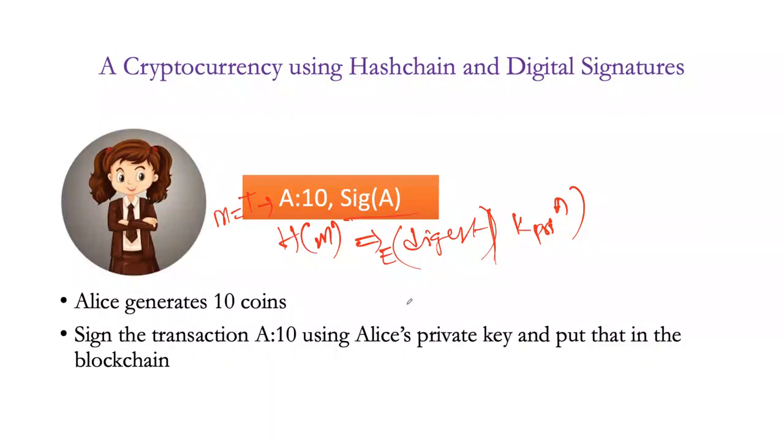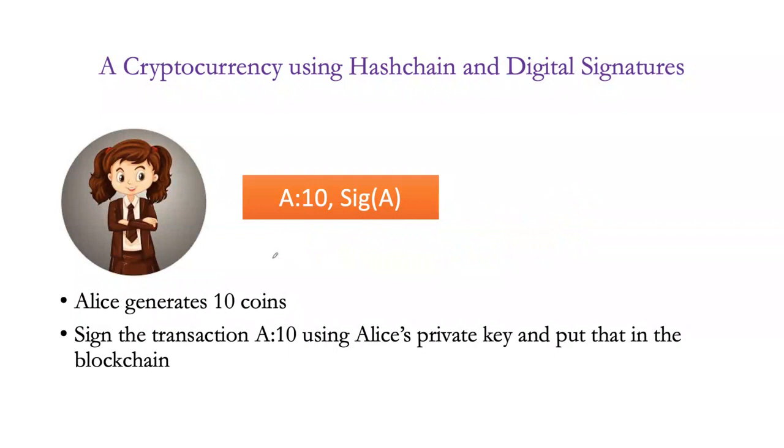This signature along with the transaction signs that Alice has 10 coins by private key.